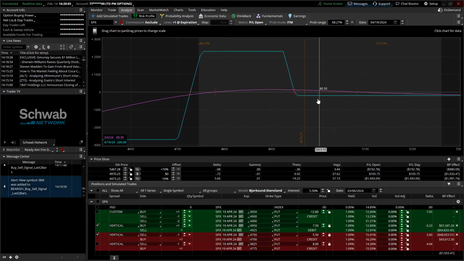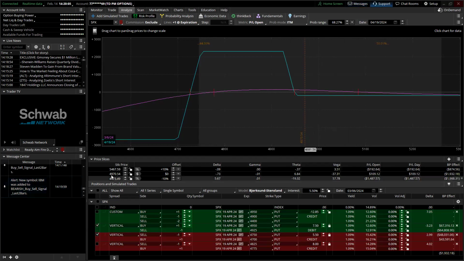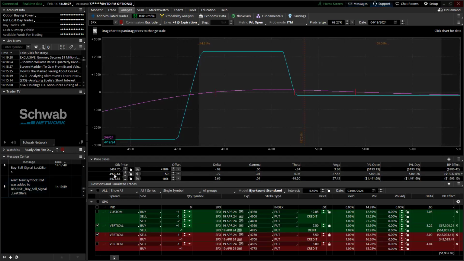If we move down, let's say 50 points from where we are right now. Right now, we are at 49.70 on the S&P. So let's say we go down 50 points over the next 3 weeks. So 49.20, right? Where's 49.20? 49.20 in 3 weeks. And this P&L is showing us about $125 gain, right?